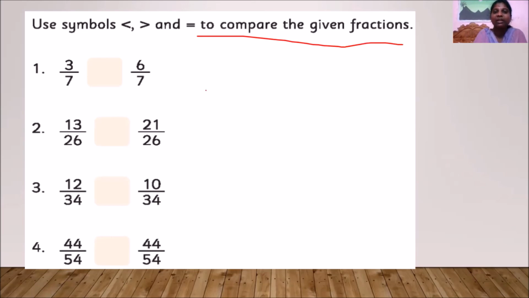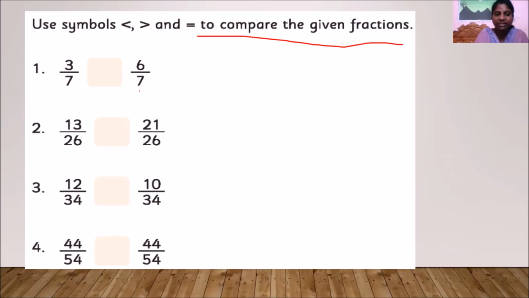Children, the first thing we have to remember is that when we are comparing, the fractions should be like fractions. Like fractions have the same denominator. Look at the first one. Here 3 by 7 and 6 by 7. Both fractions have the same denominator, 7.